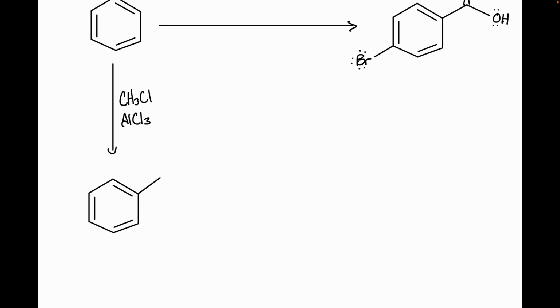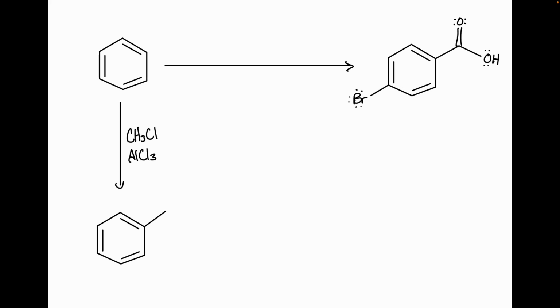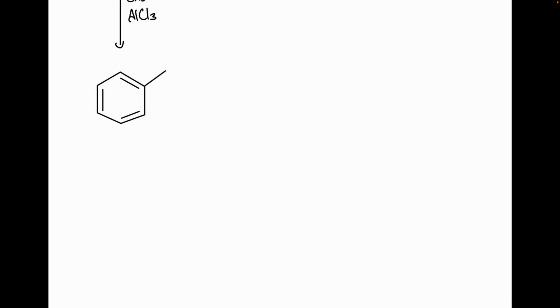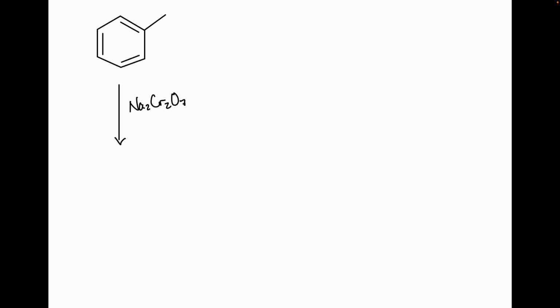Okay, now from here, I got two other steps that I need to do. I need to add a bromine to the ring, and I need to turn that alkyl group into a carboxylic acid. Okay, so let's say that my instinct is to first do our oxidation reaction.